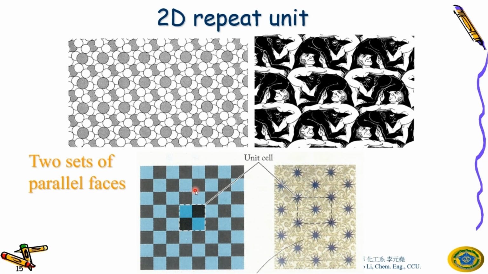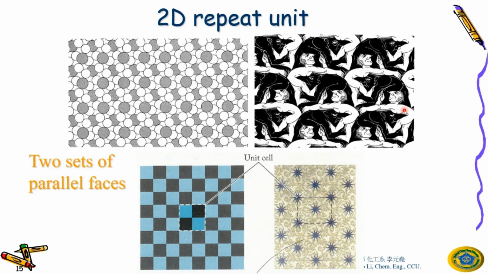This is what we call a repeat unit. For the 3-dimensional explanation, in terms of the crystal, we call it a unit cell. But in 2 dimensions, we can call it a repeat unit. So this is a repeat unit, right?